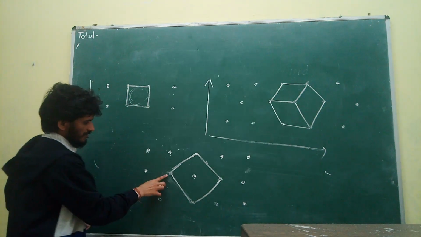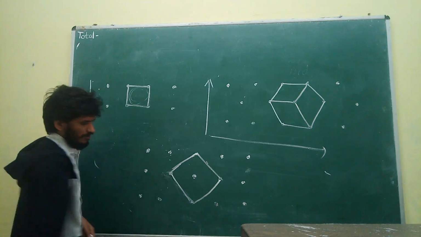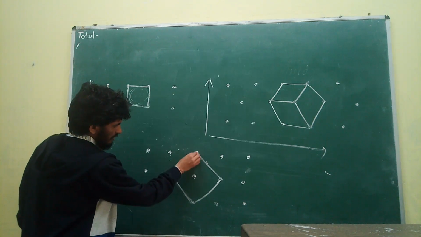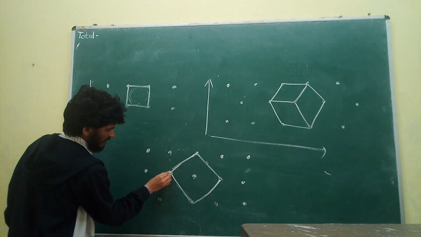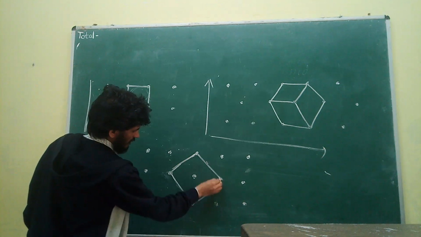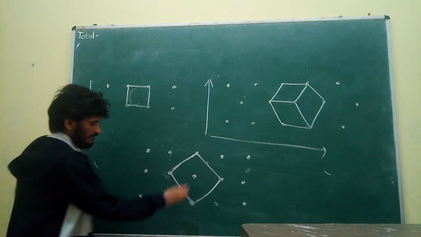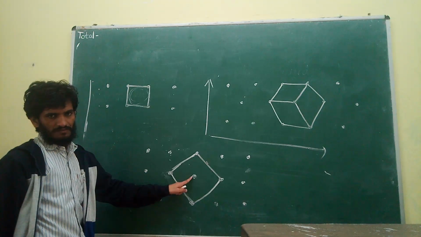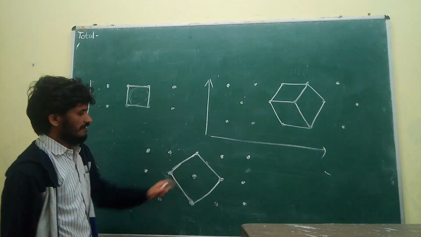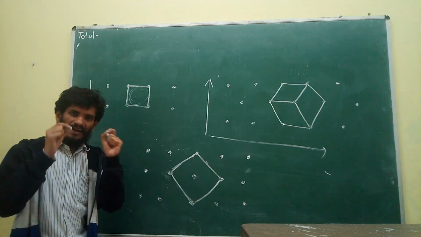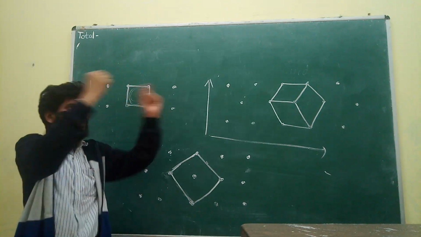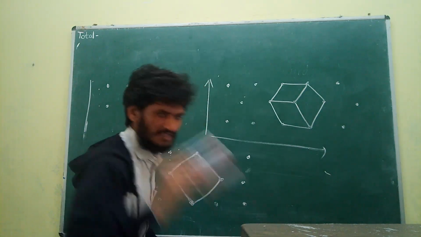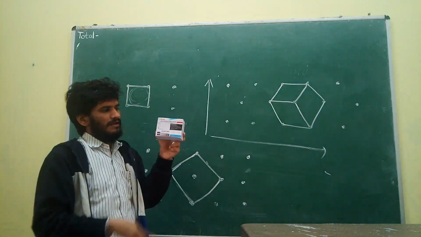No. But when we take this rhombus, what happened in this unit cell? The lattice points are located at the corners as well as in the middle of the unit cell. So there are 2 types of unit cell. The unit cell where the lattice points are located only at corners. Suppose this chalk box is the unit cell.